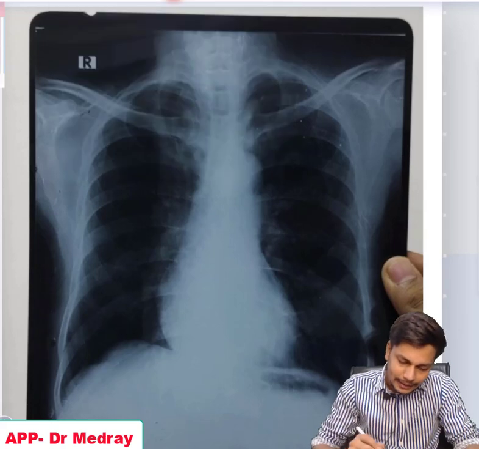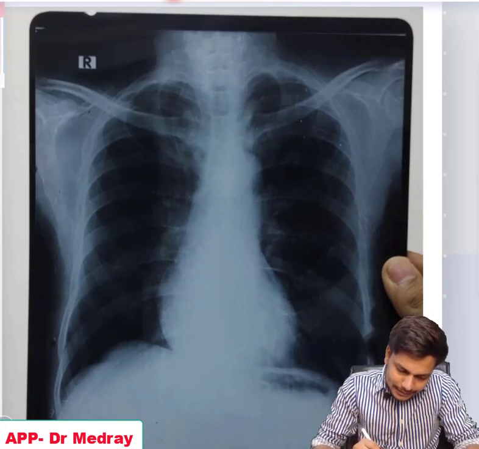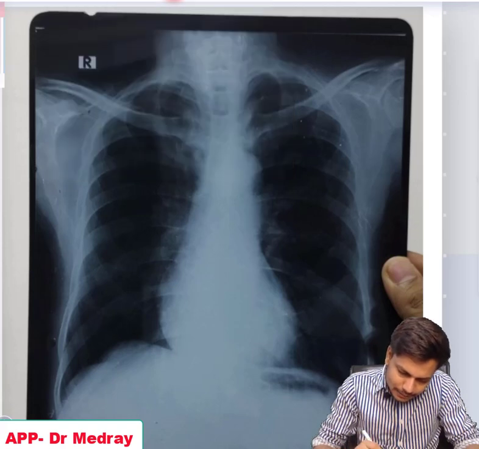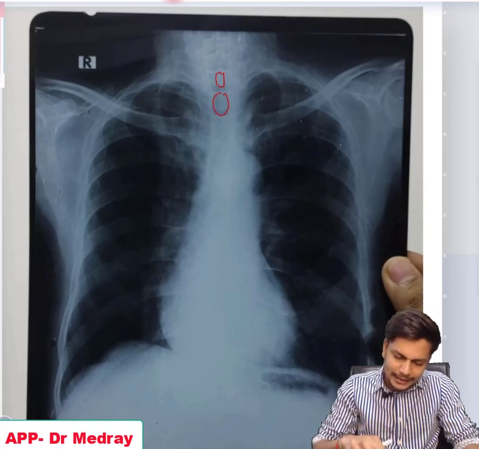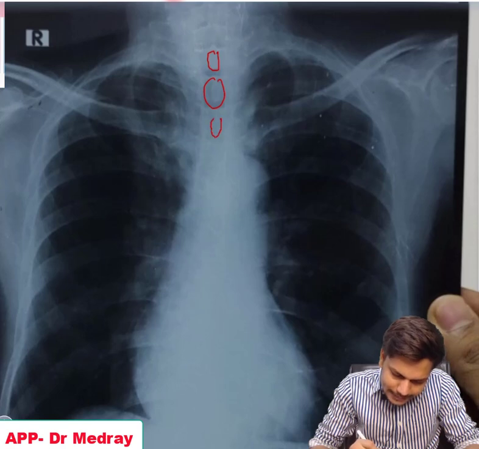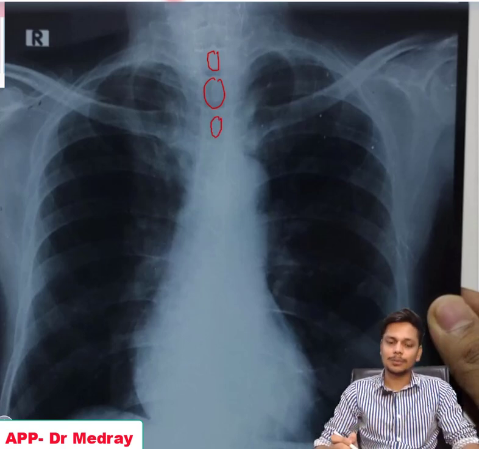So here, while I make a marking, can you see this rounded spinous process when I remove this marking? These are the spinous processes of the vertebra. Can you appreciate that these are the spinous processes of the vertebra, which can be barely seen?